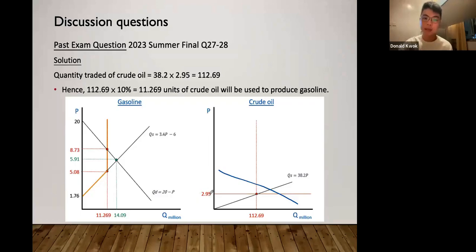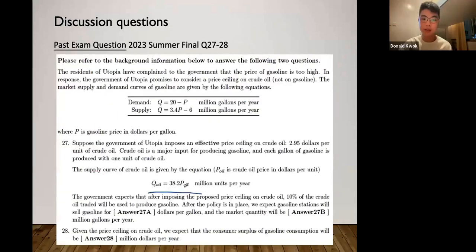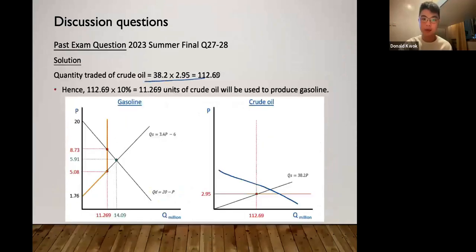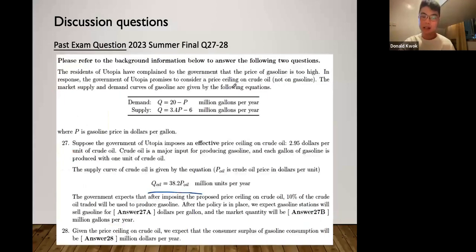So with the effective price ceiling 2.95 on crude oil, to find out the quantity traded, just plug that back into the supply function here. Then we'll have the quantity traded of crude oil 112.69. As described here, 10% of crude oil traded will be used to produce gasoline, which means that when the quantity traded is low enough, the supply of gasoline will be represented by this supply function, the upward sloping supply as usual.